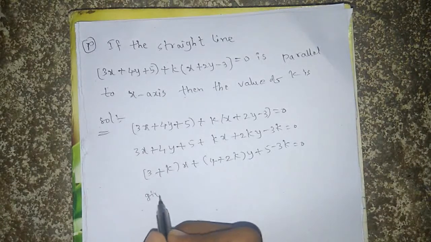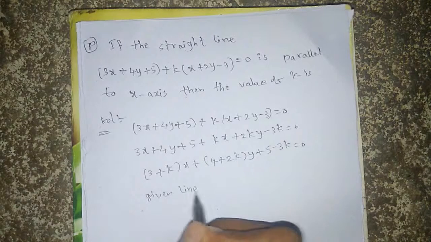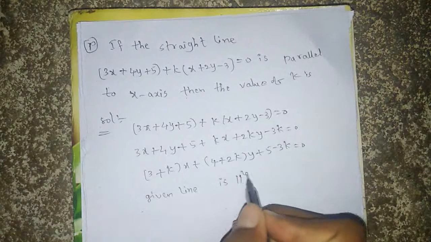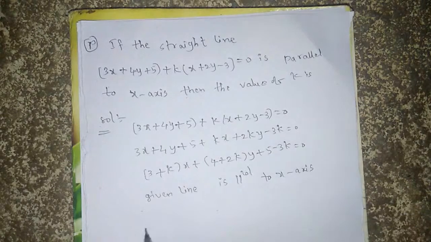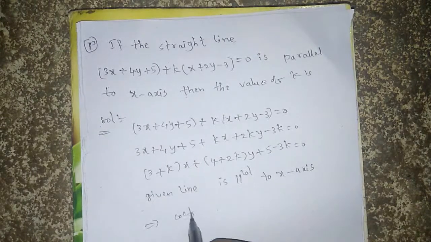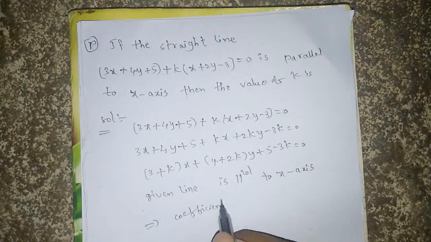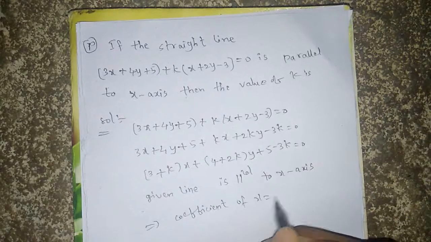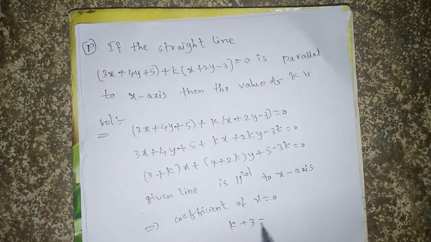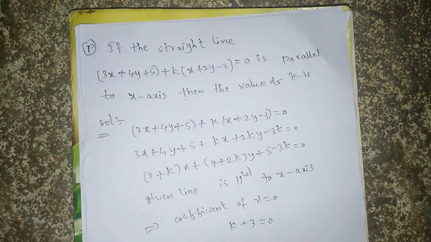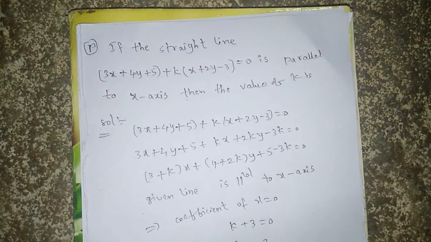So (3 + k)x + (4 + 2k)y + (5 - 3k) = 0. So the given line is parallel to the x-axis, which implies the coefficient of x is equal to 0, that is k + 3 = 0. Therefore k = -3.